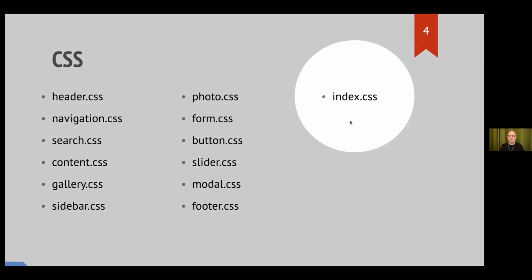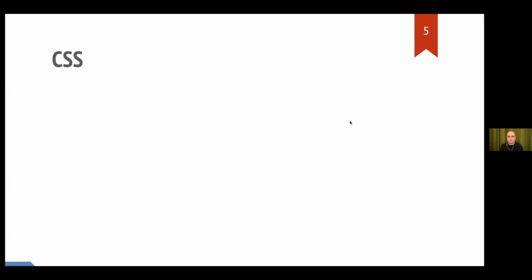So you have a lot of components, you have a lot of modules or whatever you call it, but in the end you have a single CSS bundle, whatever you call it: index CSS, style CSS, or just the hash sum of this file. And how do we include those CSS files?